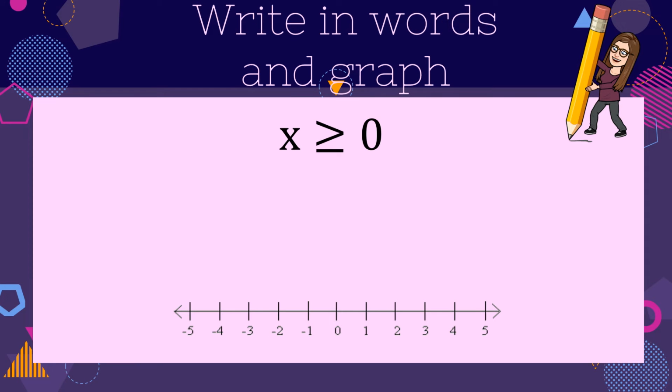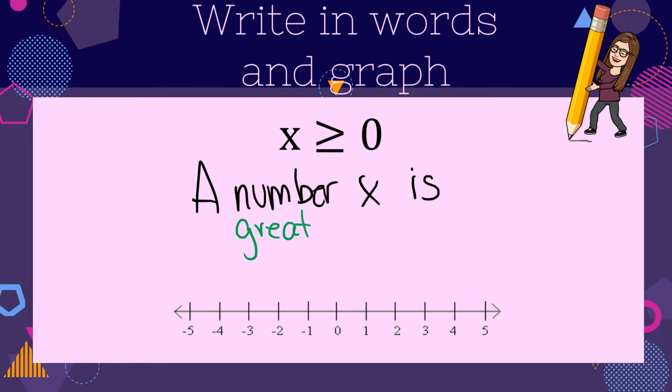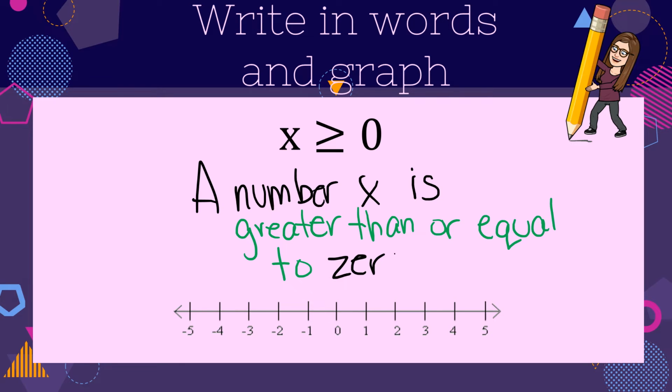All right, let's take a look at this next one. Let's write our sentence in words. A number x is, and our symbol would read as greater than or equal to, and then our number, which is 0. So let's go to 0 on the number line.